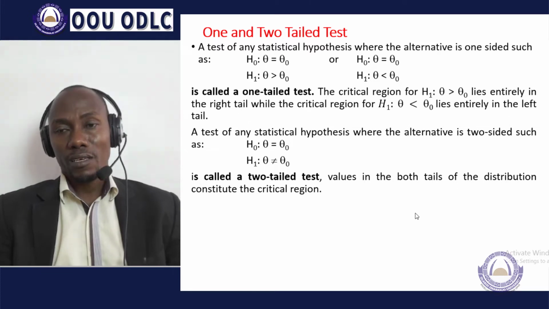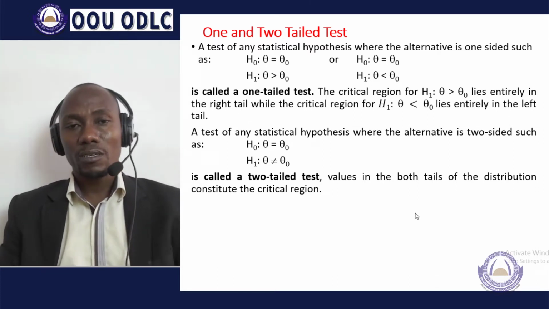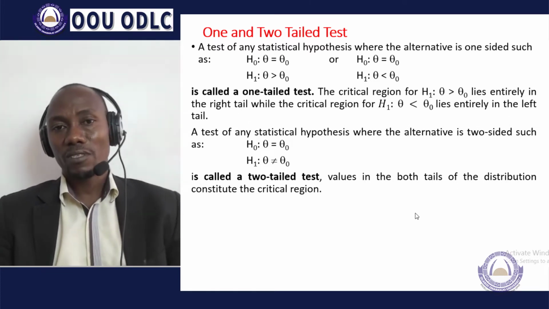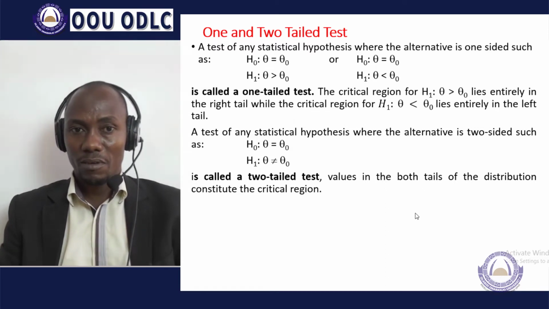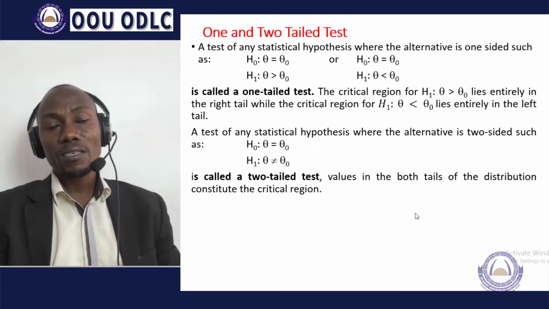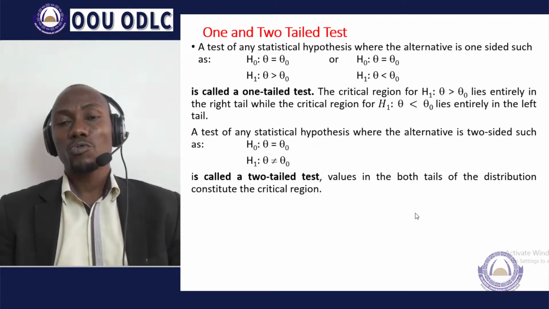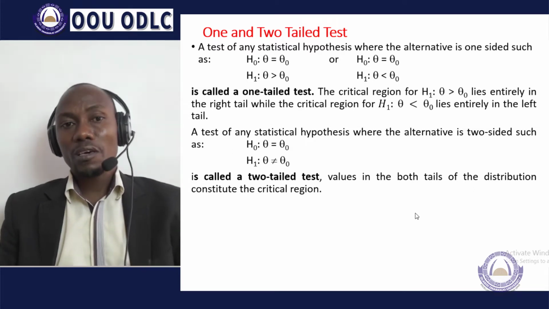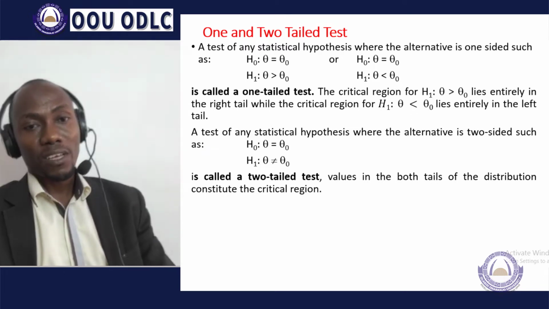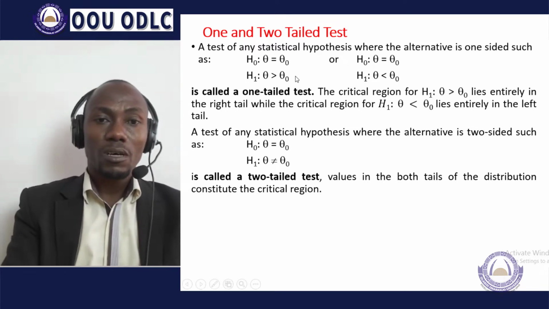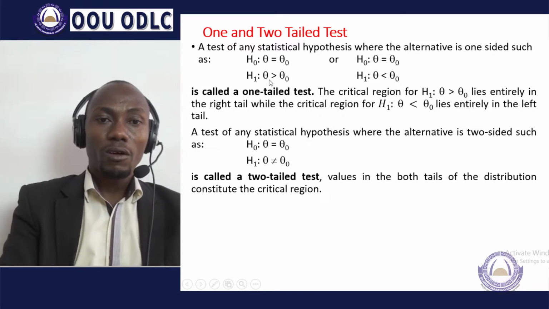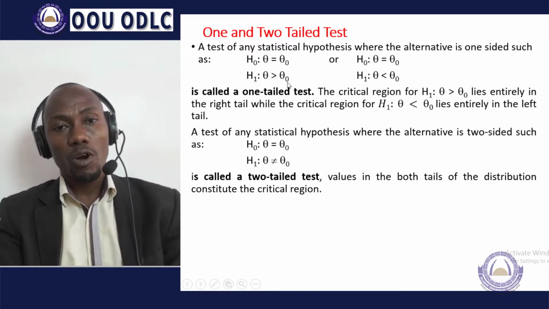There is the one-tail test, and we also have the two-tail test; these are the types of tail of a test. The alternative hypothesis determines if it is a one-tail test or a two-tail test. Take for example the equation we have here; look at the alternative hypothesis H1.